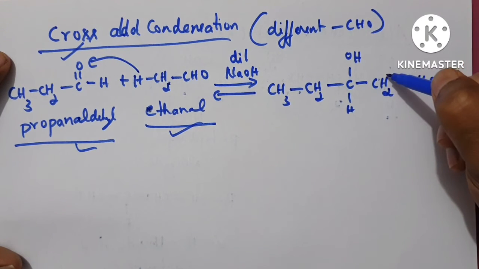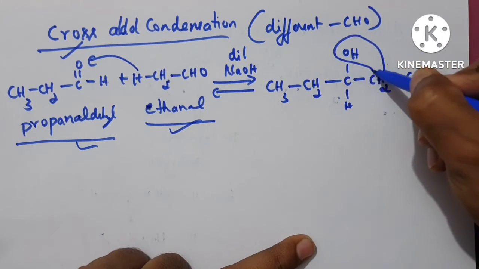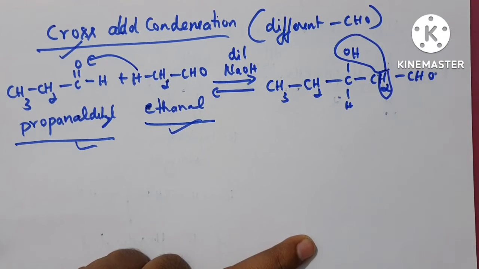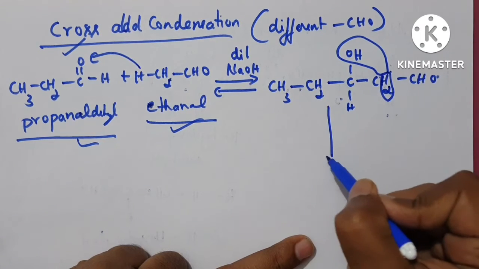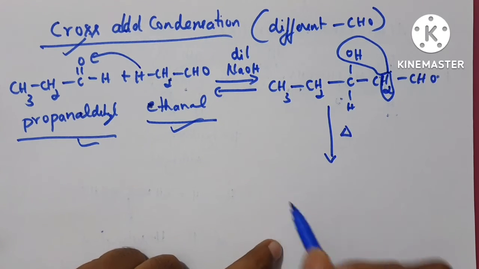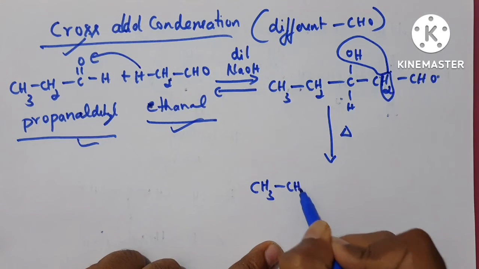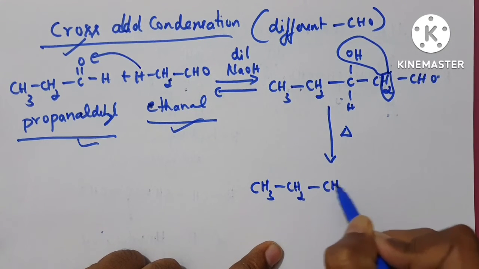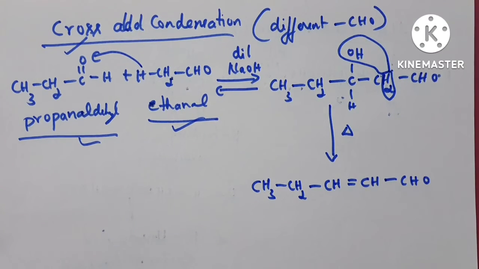And here one hydrogen from here and OH from this side, one hydrogen from here and OH from this side. There is an elimination of water that takes place, and that is due to heating. And the compound that will be formed here is CH3 CH2 CH double bond CH CHO.